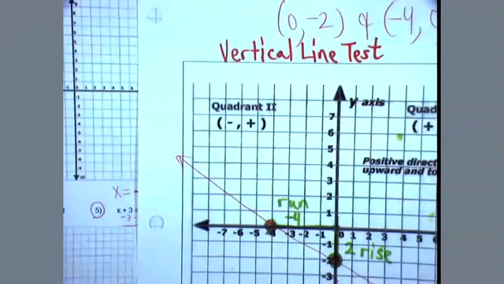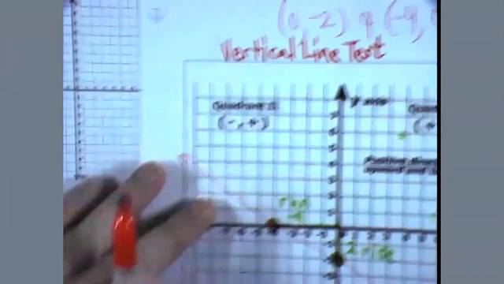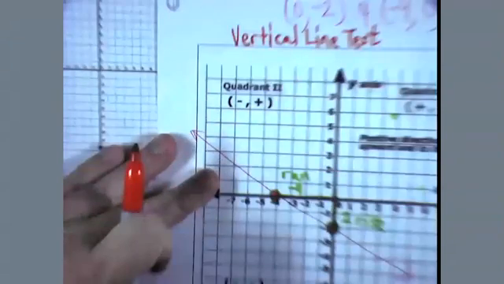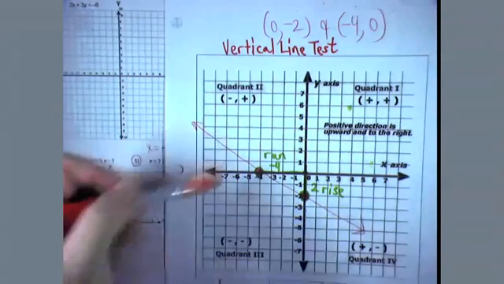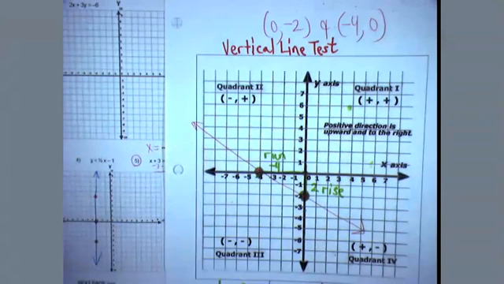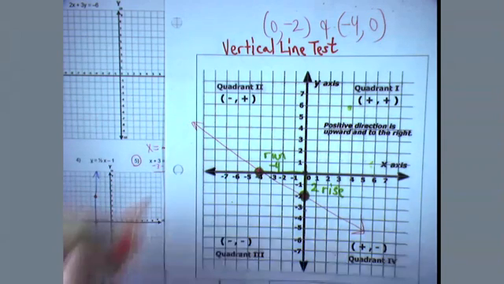I'm just going to describe it and show it to you. Vertical line test means if you can draw a vertical line anywhere through your relation or your graph, and that vertical line only touches or intersects your line or your relation at just one point, then it would be a function.